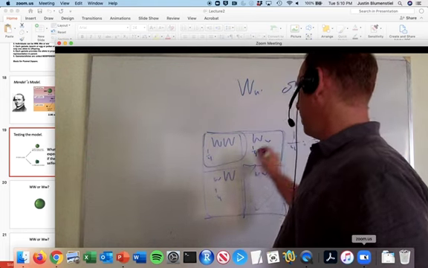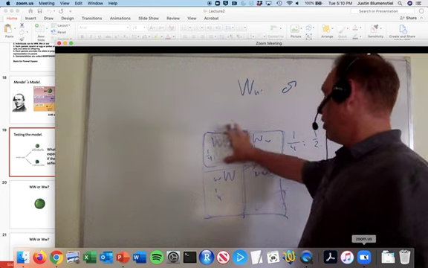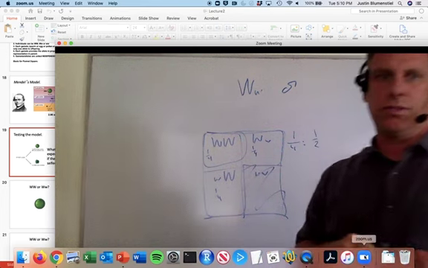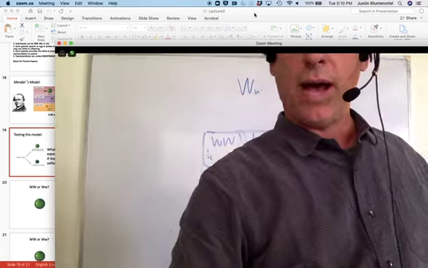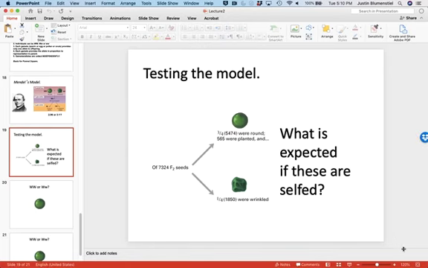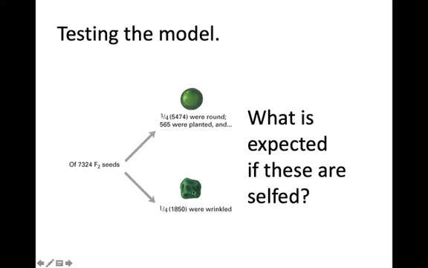So you can see once you exclude those, 1/3 of the remaining will have that particular genotype. And so if you go back, you can see that if you were to do this particular cross, if these were selfed, all of these would produce wrinkled ones below, and 1/3 of these would produce only round P's, and 2/3 of that set would produce, again, a 3-to-1 ratio.